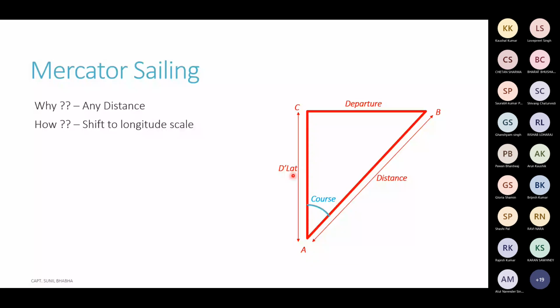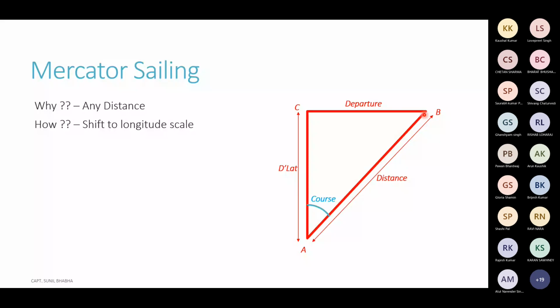D-lat, or difference of latitude, is also measured in latitude units: the number of minutes of latitude between the two places, again measured on the latitude scale. The third side was the departure, the actual east-west distance between any two positions. So all distances are measured on the latitude scale, and we measured all three sides of this triangle in latitude units.